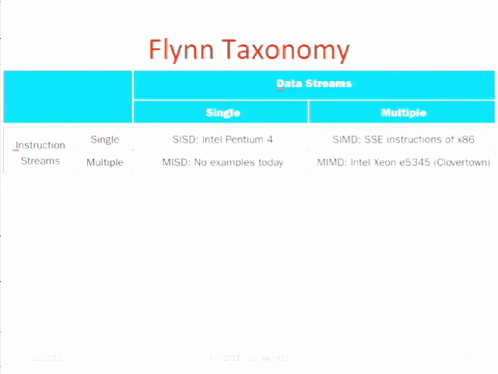That's going to be multiple data streams. Okay? And the taxonomy just says, okay, I've got two options for the data, single or multiple. I've got two options for the instructions, single or multiple. So put them together, you get 4 options. That's the taxonomy. So if you look at each one of these, we're going to focus on that one.